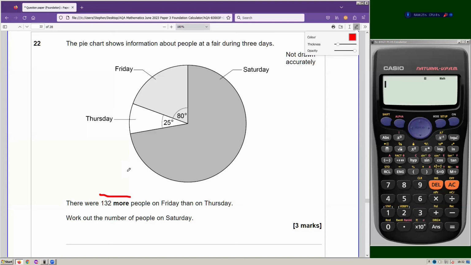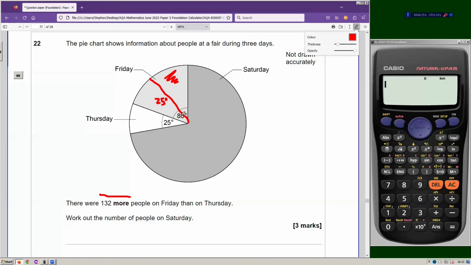Right, so more people on Friday than Thursday, and it's 132 of them. So if we do this and call that 25 in there. So the more people is this area here then, because 25 is the same.